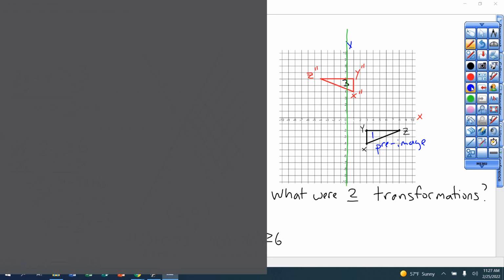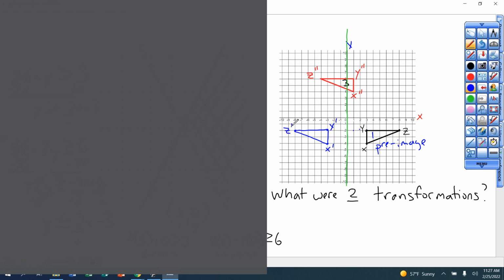So for this one, if I reflect equal distance over the y-axis, my triangle, if I do that correctly, 1, 2, 3, 4, 5, should look something like this. After one movement, flipping over the y-axis, I could see, yep, if I do that, that's getting pretty close to what I need.